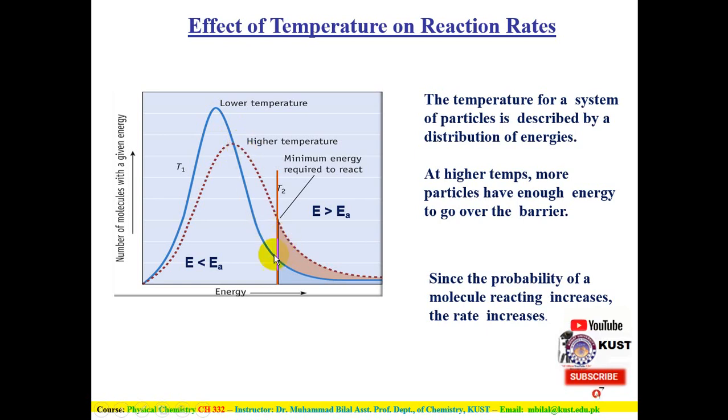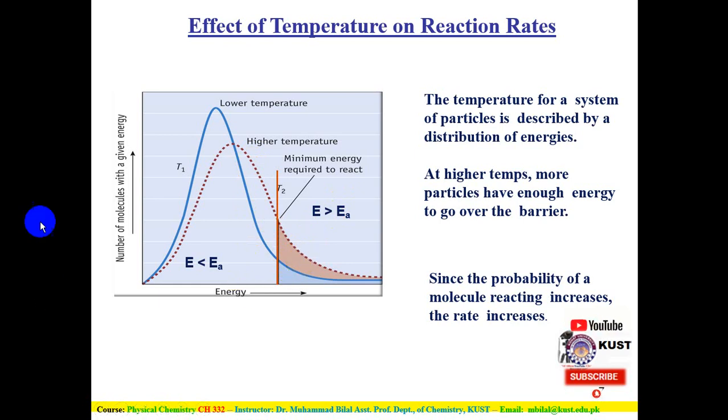Now this is the activation energy barrier. At lower temperature, a small fraction of molecules will have sufficient energy to cross the activation energy barrier, while at higher temperature a large fraction of molecules have sufficient energy to cross this barrier.